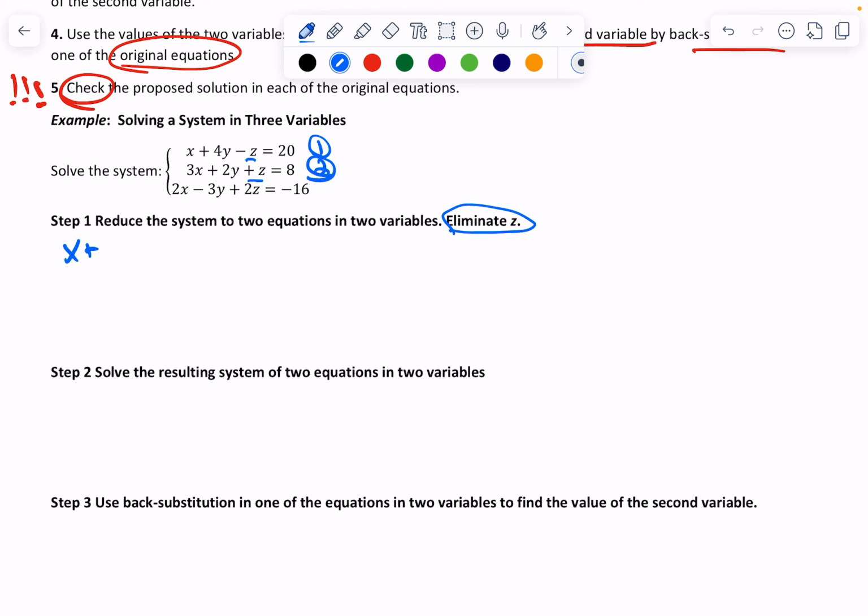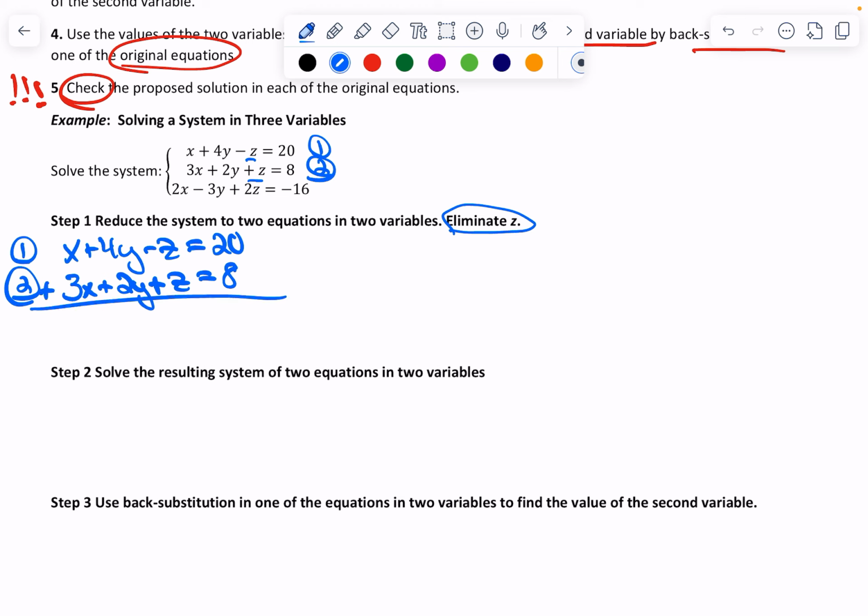So x plus 4y minus z equals 20, and 3x plus 2y plus z equals 8. So we're using 1 and 2. And we're going to go ahead and add. x plus 3x is 4x, 4y plus 2y is 6y. The z's cancel each other out, and 20 plus 8 is 28.